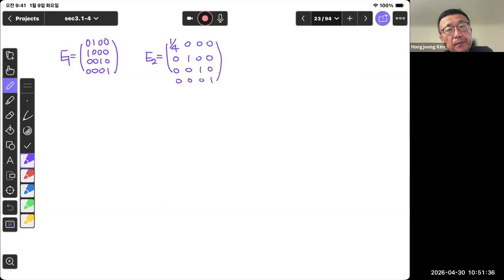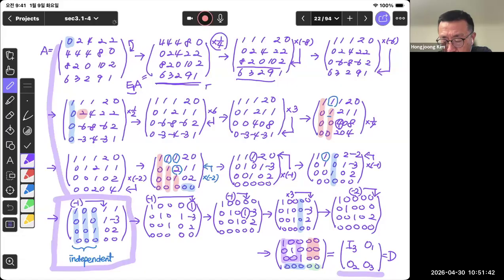So for this E2 matrix, if I multiply E2 to E1 times A, the second matrix, you get the third one.